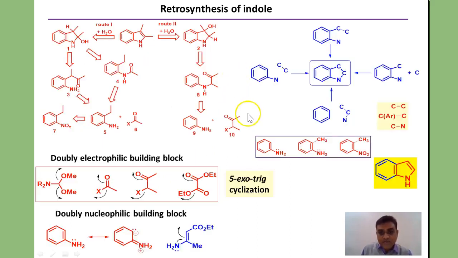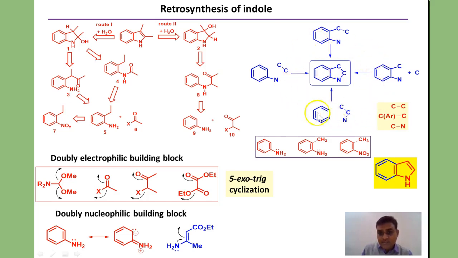Now another way of looking at the indole synthesis strategy is to construct this 5-membered ring. Here the carbon, nitrogen, we have to work on this particular portion of the indole molecule, and one can start with the monosubstrate benzene, another can start with the disubstrate benzene. Here one can start again with the disubstrate benzene, and here we can start with the benzene, or this strategy you can employ for dipolar cycloaddition reactions of the benzene.